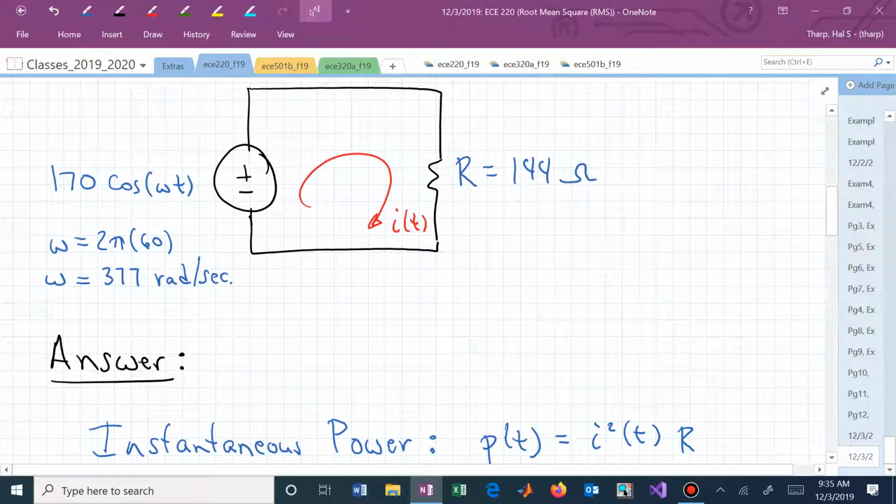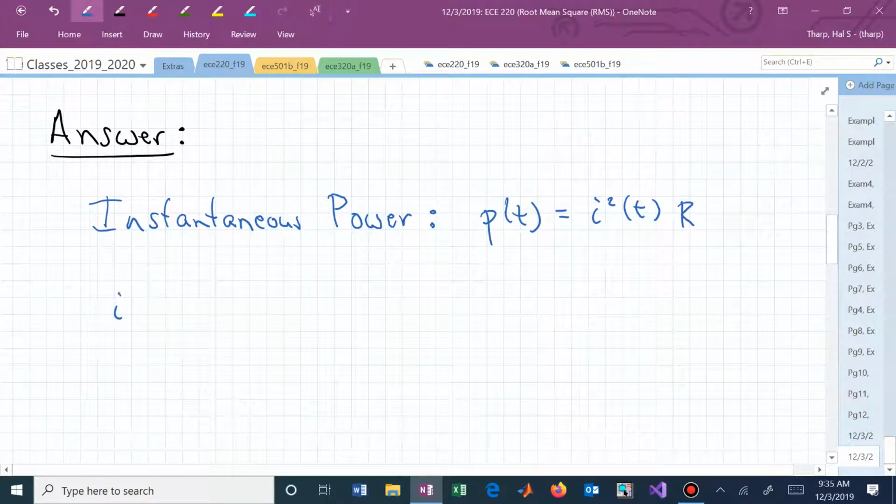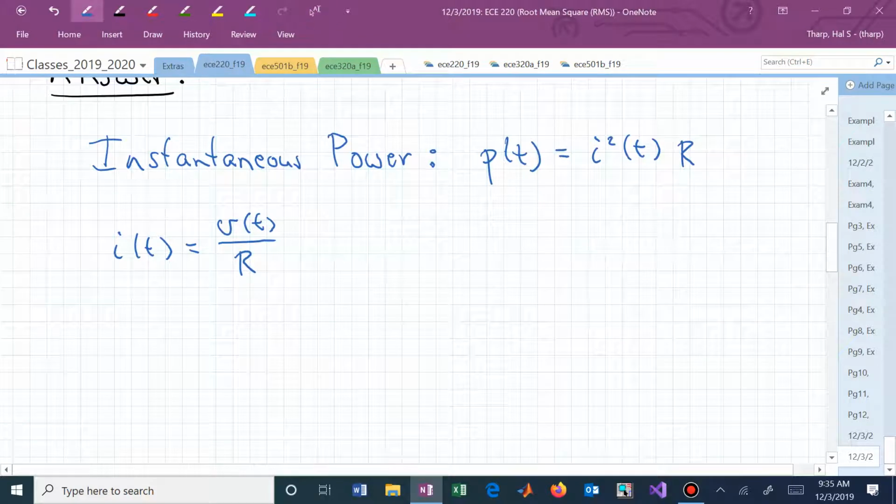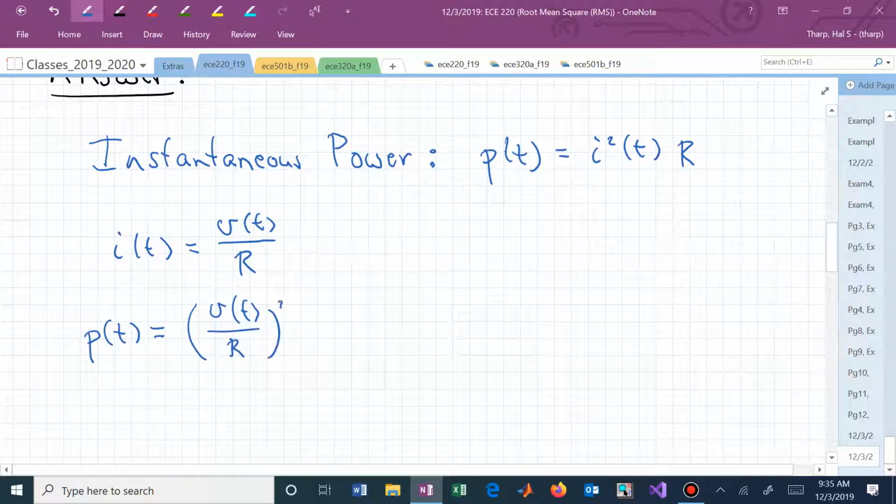If I now call this V of t, then I of t is just V of t over R. And if we plug that into our instantaneous power formula, I now have V of t over R, that quantity squared, times R. That's I squared R. If I cancel some R's, I have an R upstairs and an R squared downstairs, I end up with an R downstairs and a V squared upstairs.